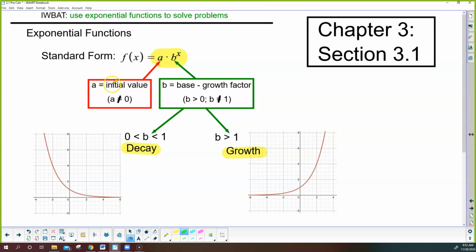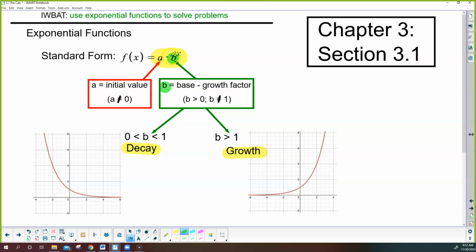So A is the initial value, but what we're really interested in is this B value. The B value is the exponent's base. I like to think of B as standing for base. If you take the base and subtract 1, that gives you the rate of decay or the rate of growth.